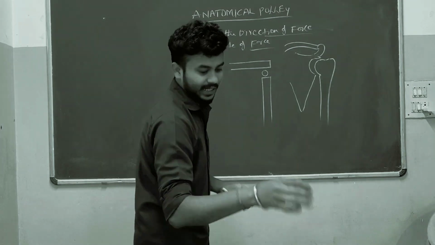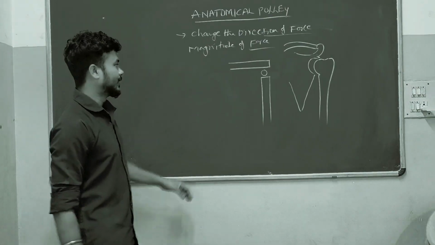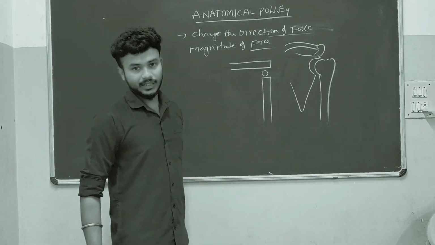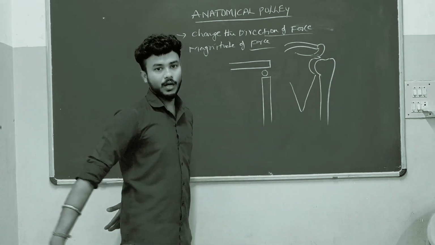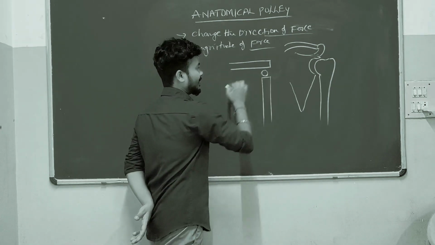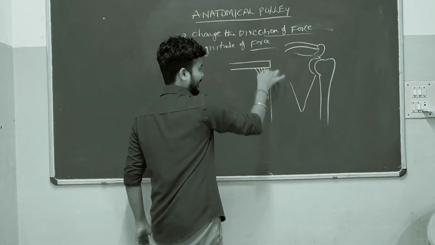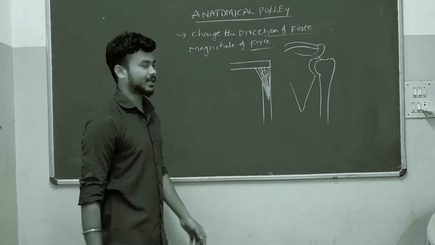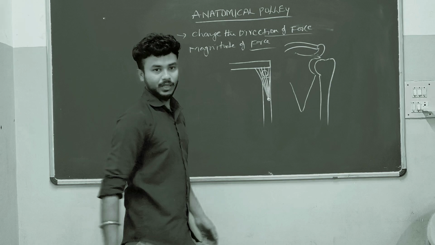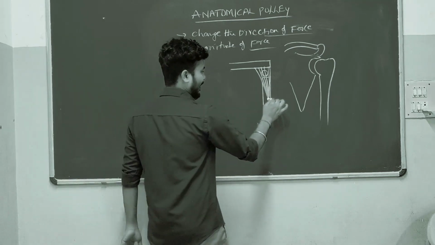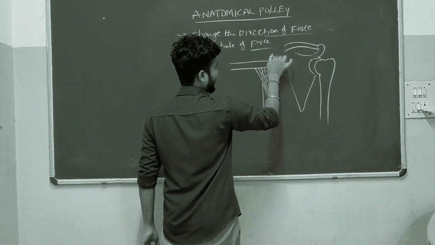Now what is this anatomical pulley? Suppose this is our clavicle segment, this is our arm segment. Imagine this is our shoulder joint. So here we will be having the lateral deltoid muscle. According to the total muscle force, the action line will be like this.